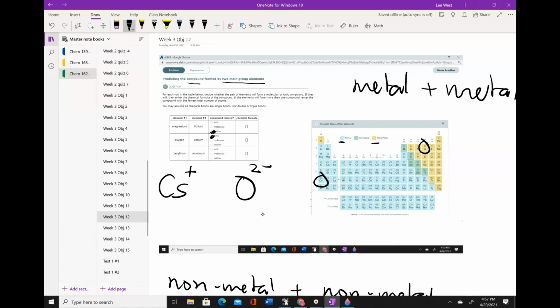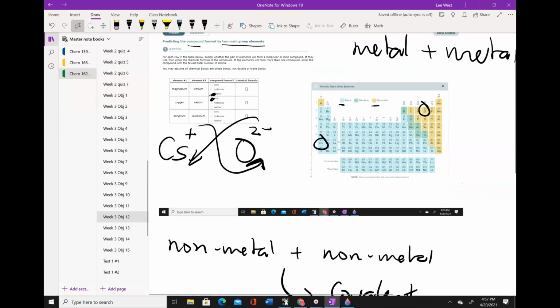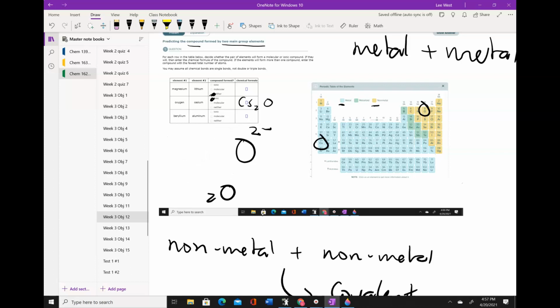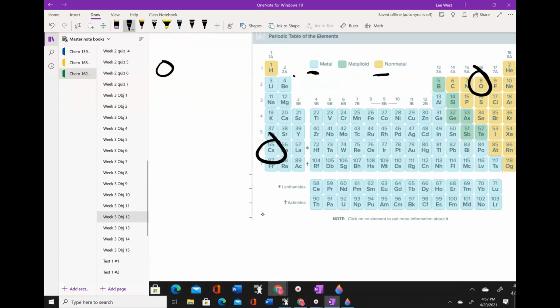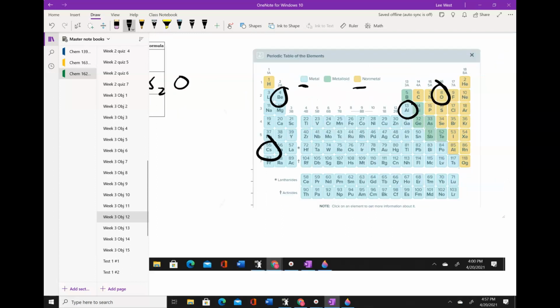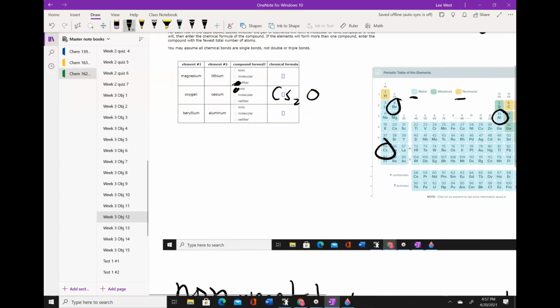They don't have equal and opposite charges, so we're going to do crossover, and we need 2 cesiums for every 1 oxygen. So that's going to be Cs2O. All right, what do we got next? Beryllium is a metal, and aluminum is also a metal. So 2 metals coming together forms neither an ionic compound nor a molecular compound. So we get lucky there, and we don't need a chemical formula. So that was pretty good.